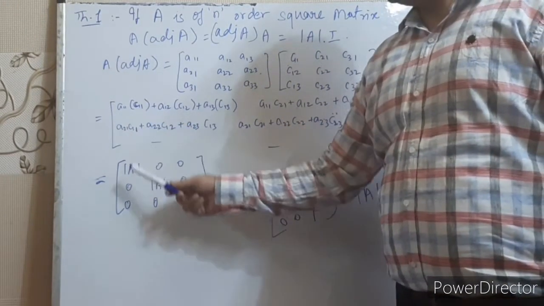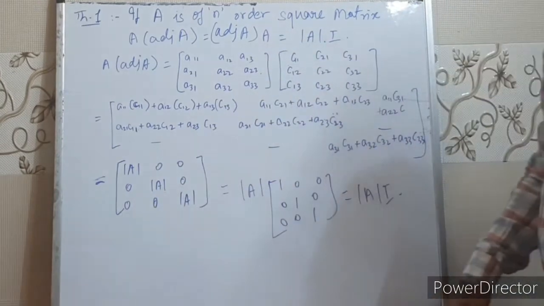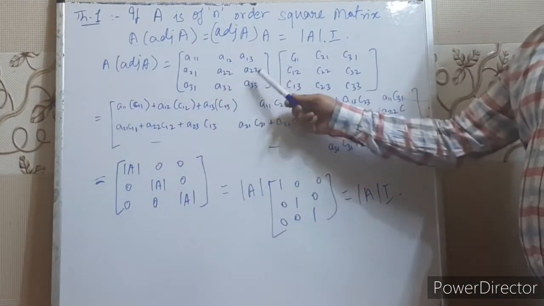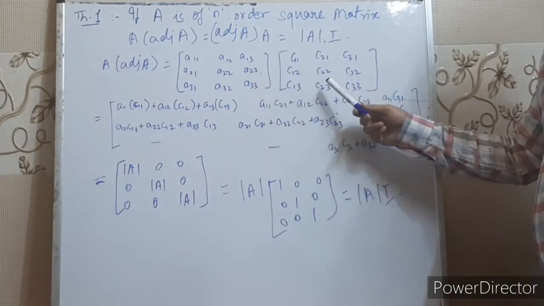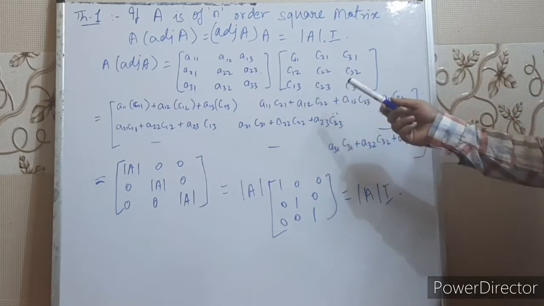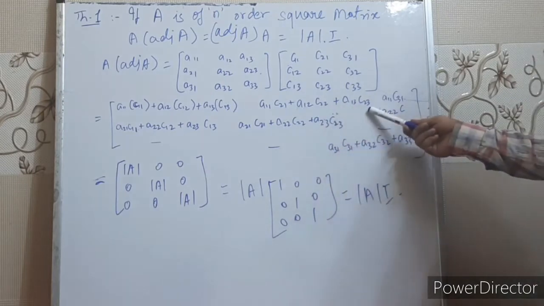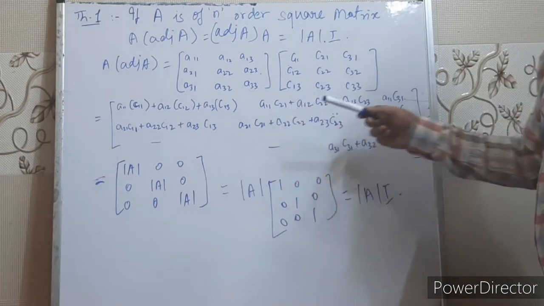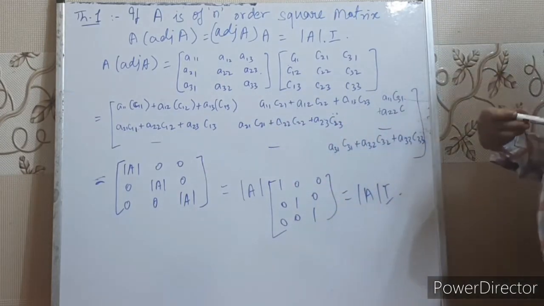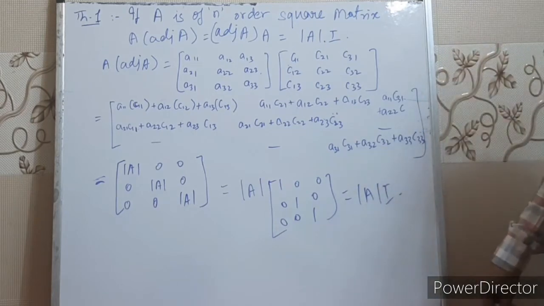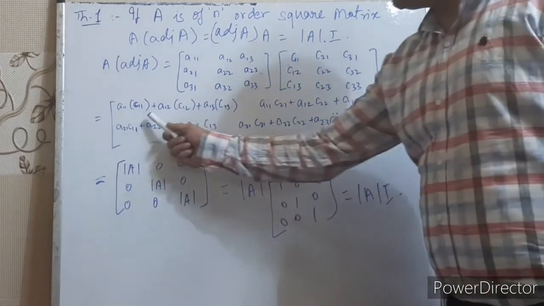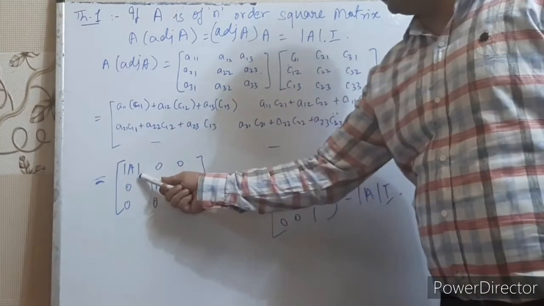So this will become the value of determinant A. And if any row or any column of the determinant is multiplied with the corresponding cofactors of any other row or any other column, then that will be 0. This we have already discussed. If you don't remember, then go through the determinant video again. Right, children? So this will be the value of determinant of A.